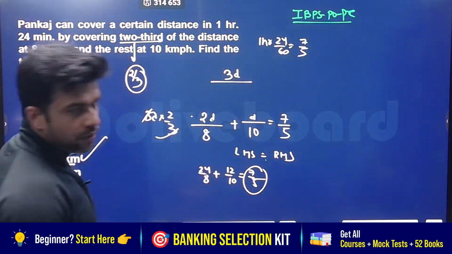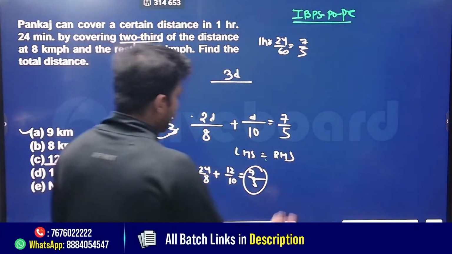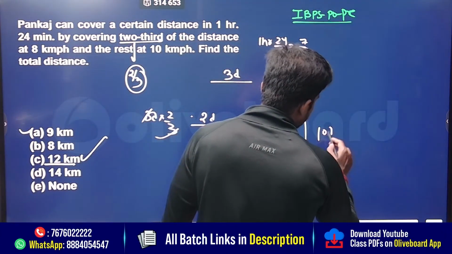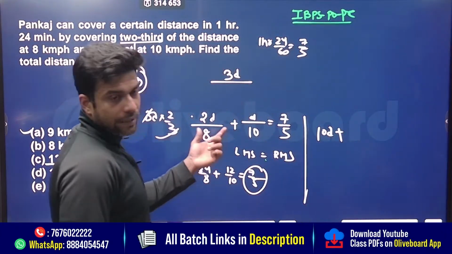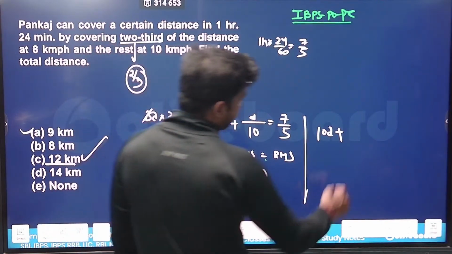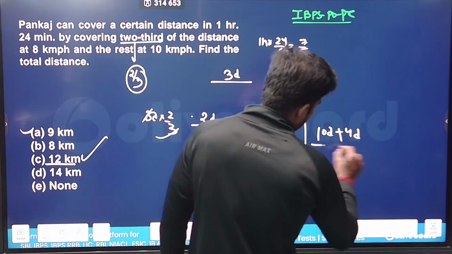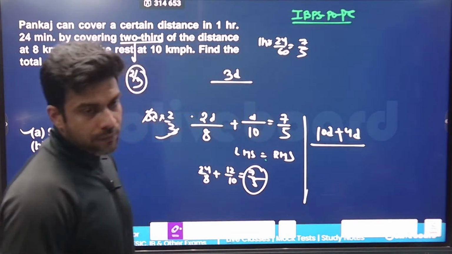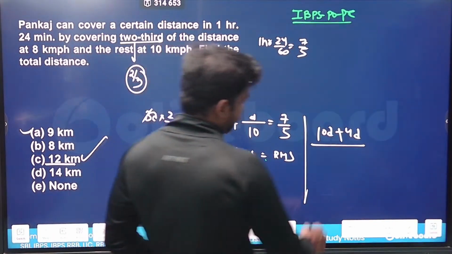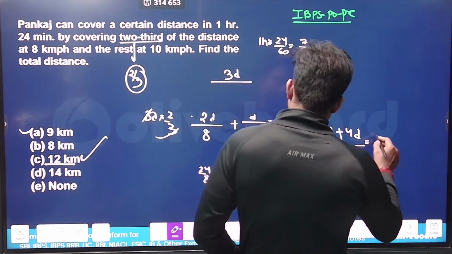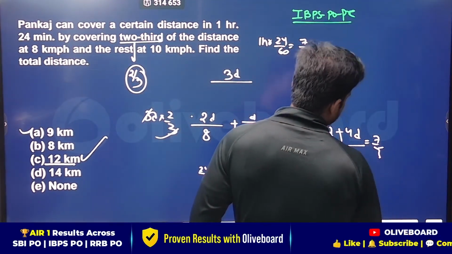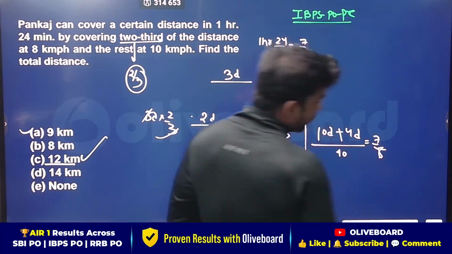I'm not solving it, you can also solve. Like if you want to solve, this would become 10d plus 4d plus 4d divided by 40 is equal to 7 by 5. From here also you will get the value of d.